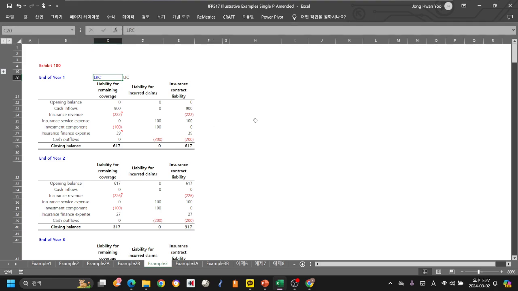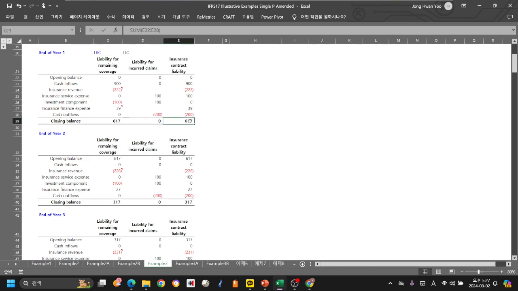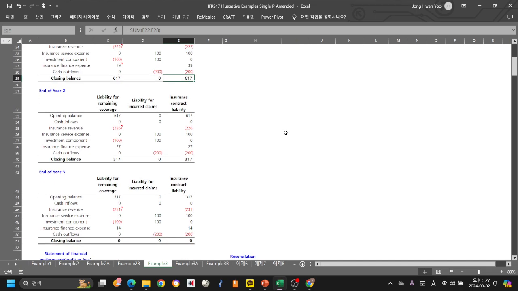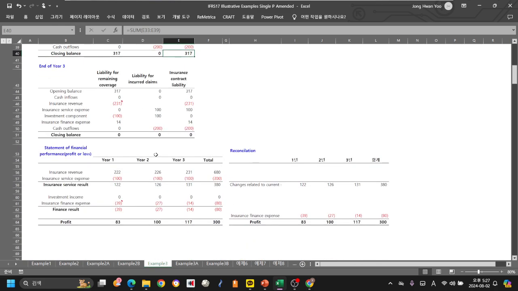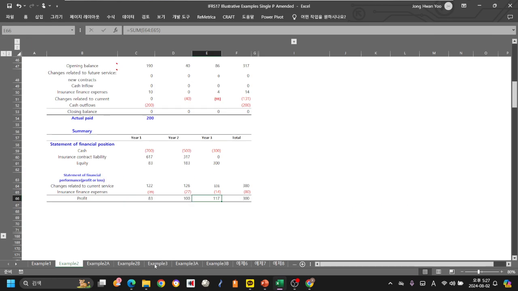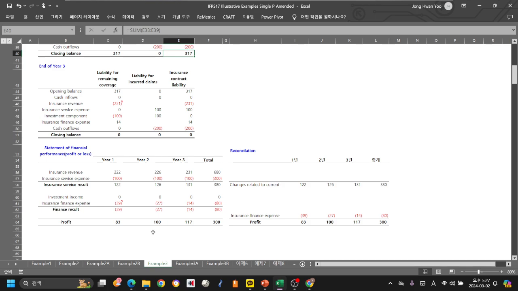But anyhow, this one has to be the same as exhibit 101, and NDR 2 is the same, and the same. And out of that, I make the summary of BSPL here, and this one I got from example 2 here, right? I just simply get it, and it has to be reconciled, right?